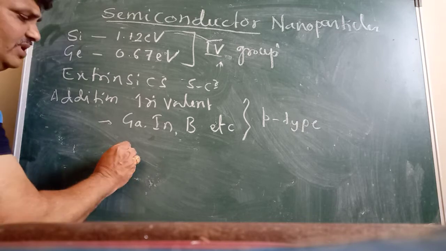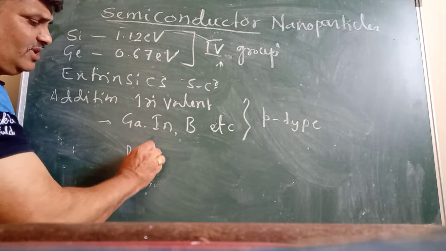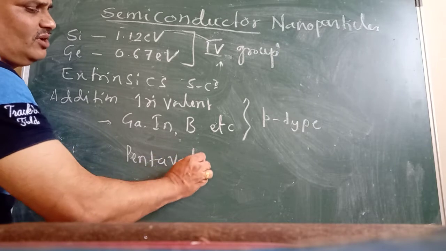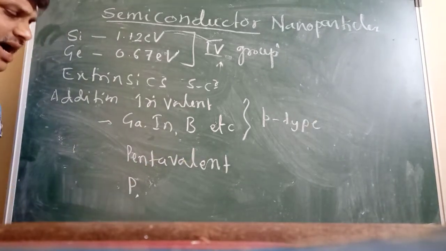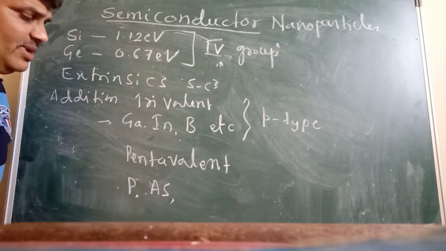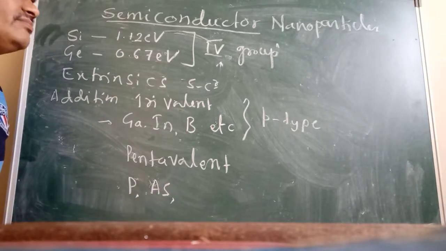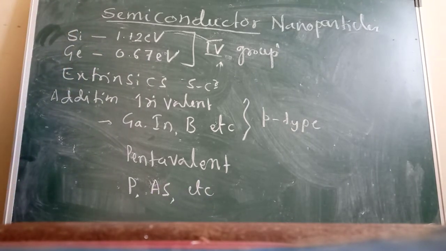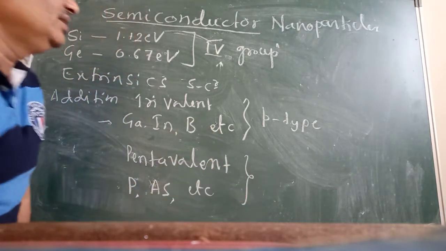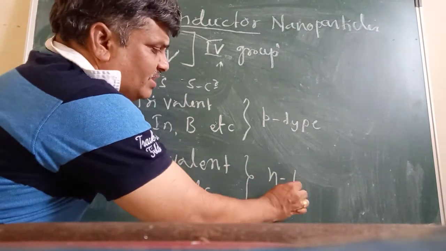But in the case of pentavalent addition, the pentavalent materials are phosphorus, arsenic, etc. Adding these gives an n-type semiconductor.